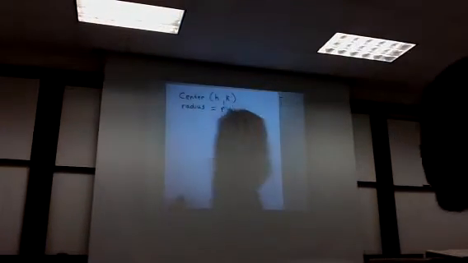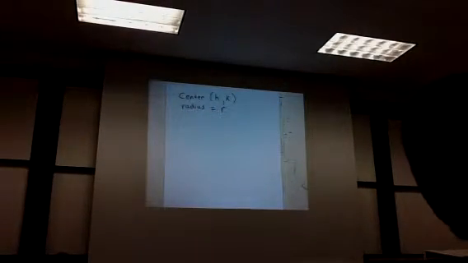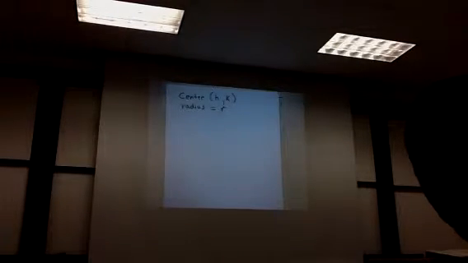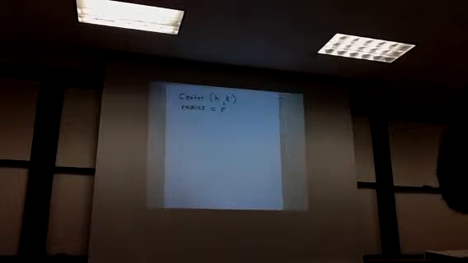And what letters shall we use for radius? Let's be daring and use R. And here we go. If I know the center of the circle is HK, and I know its radius is R, here's the equation for the circle.